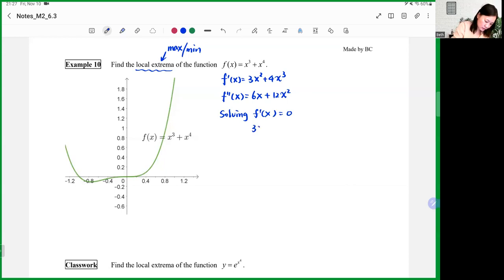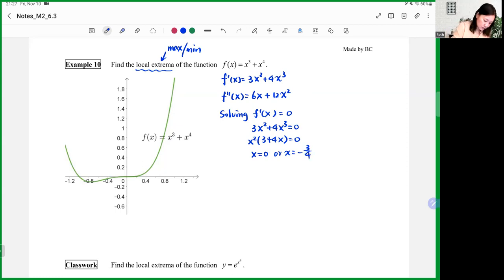I have 3x squared plus 4x cubed equals 0. x squared times (3 plus 4x) equals 0. So x equals 0, or x equals negative 3 over 4.